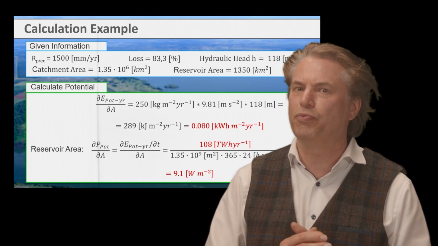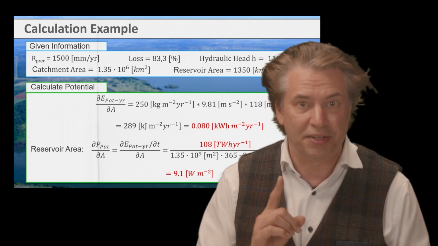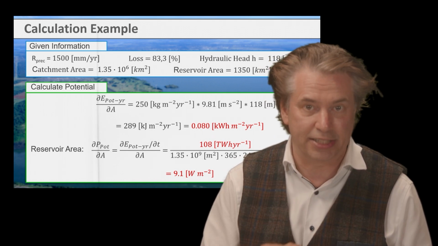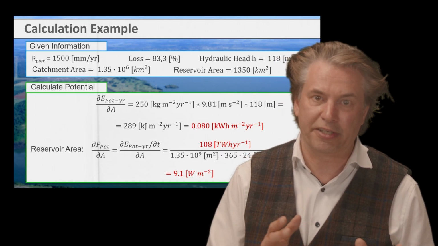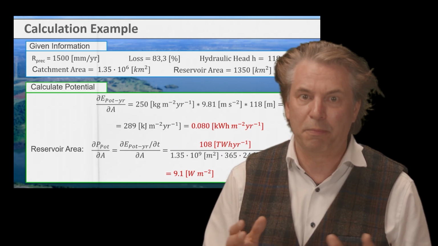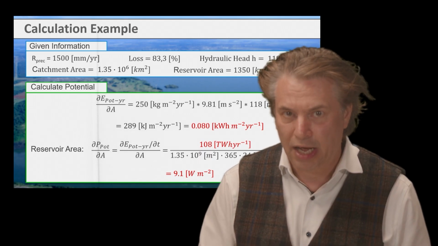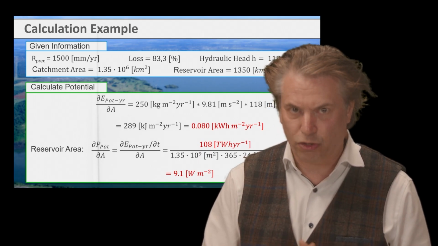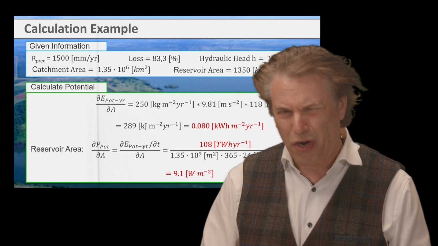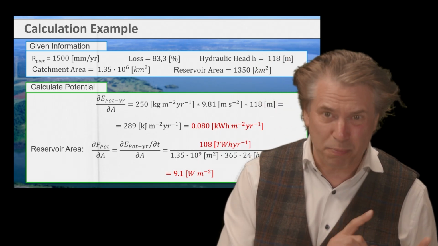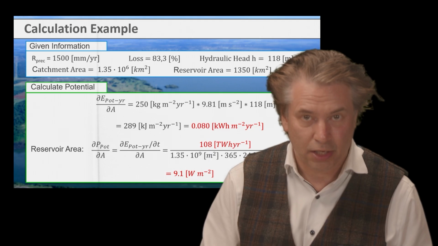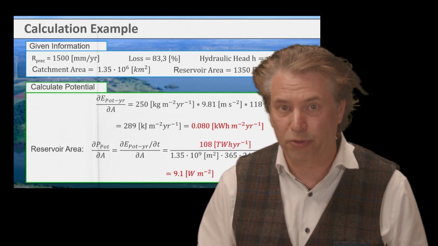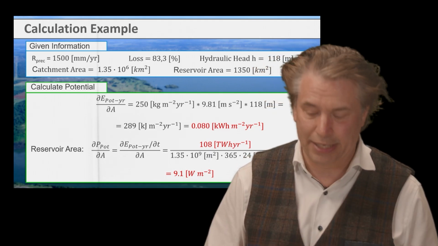In this case, we arrive at a power density of 9.1 watt per square meter for the Itaipu Dam. This value can vary from hydroelectricity plant to plant, depending on the depth of the reservoir and the hydraulic head. As comparison, typical values range from below 1 watt per square meter up to 10 watt per square meter. This shows that the Itaipu Dam is a high-performing dam.